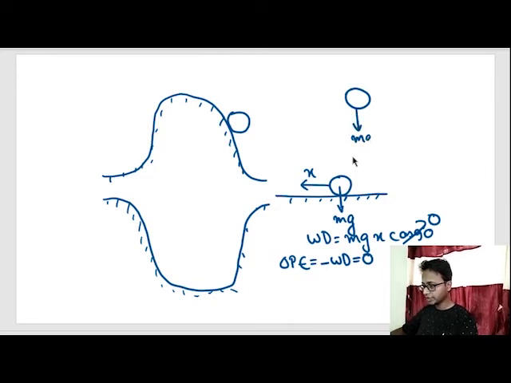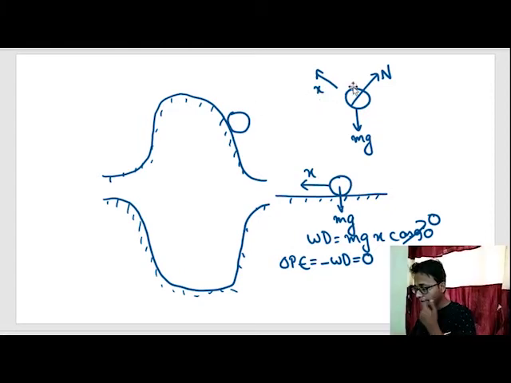Gravity force, normal force, and this was the direction of our displacement. Now see, the angle between the normal force and displacement is 90 degrees. So work done by the normal force is equal to zero. Therefore I am not interested in the normal force.